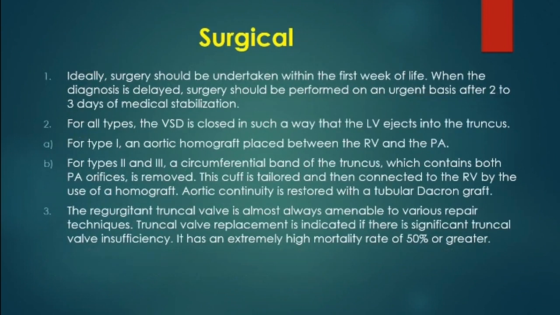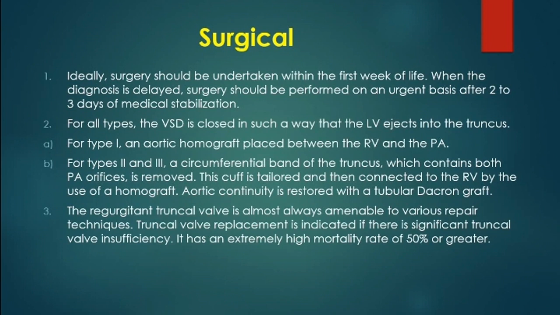Surgery should be done within the first weeks of life, before the patient develops pulmonary vascular resistance and after medical stabilization of the general condition. For all cases, the VSD should be closed, tunneled so that the left ventricle ejects the blood into the main arterial trunk.